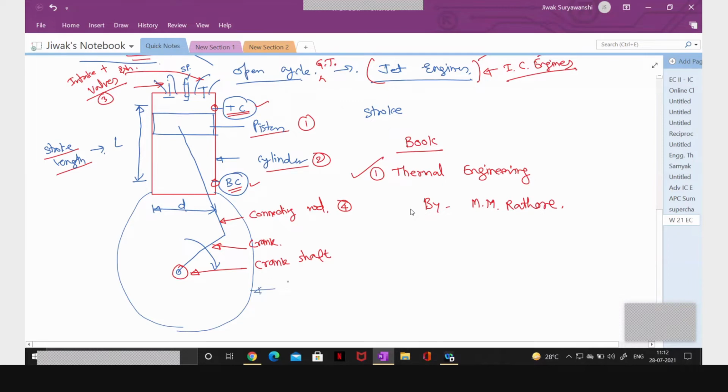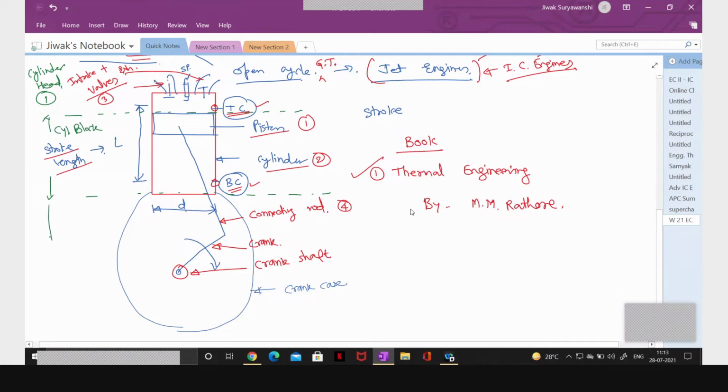If you see here, we can divide all the engine parts into three categories. This one we call the cylinder head. From here to here is the cylinder block, and from here to here is the crankcase.